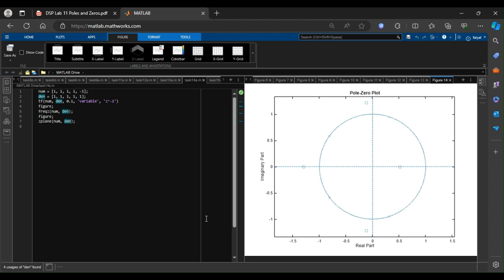The zero is denoted here by the circle mark, while the pole is denoted by the x mark. The arrangement of poles and zeros in the z-plane influences the system stability and frequency responses. By examining the position of the poles and zeros, we can infer characteristics such as stability, frequency selectivity, and the transient response of a system. Here we can see that the system is unstable because of the poles that are on the outer side of the unit circle.